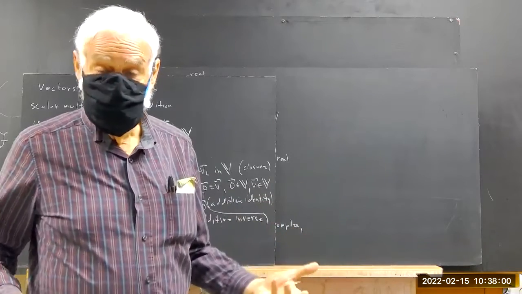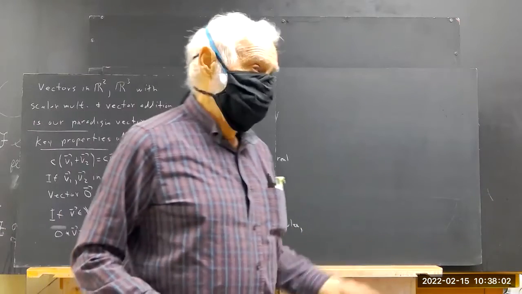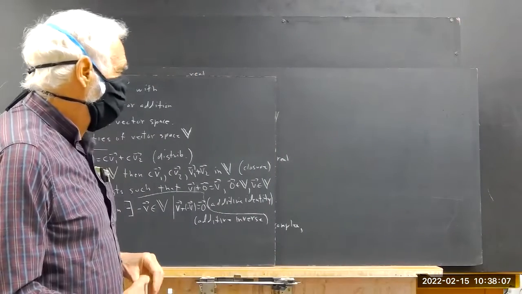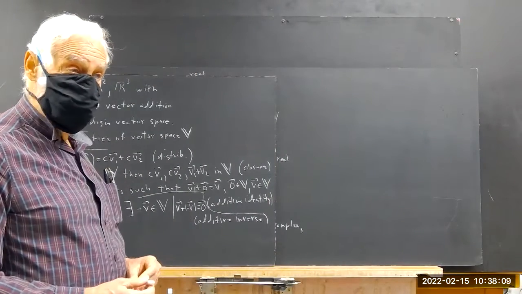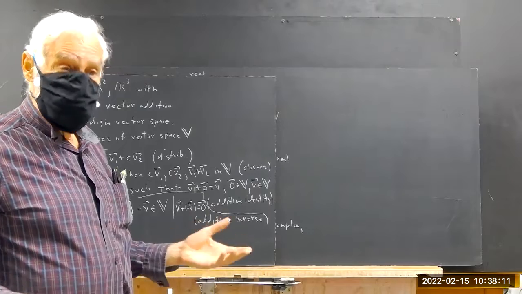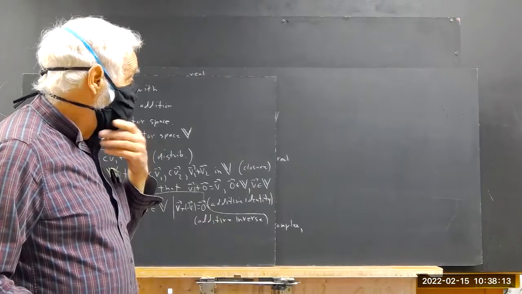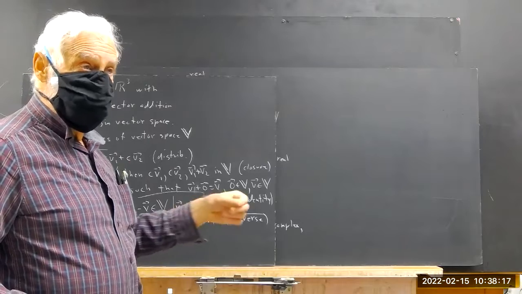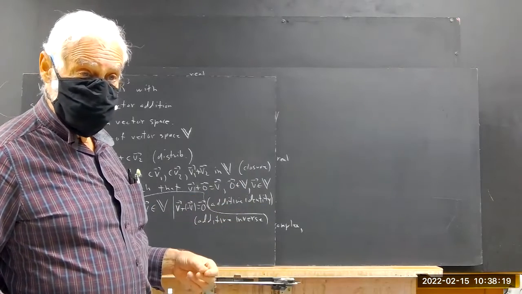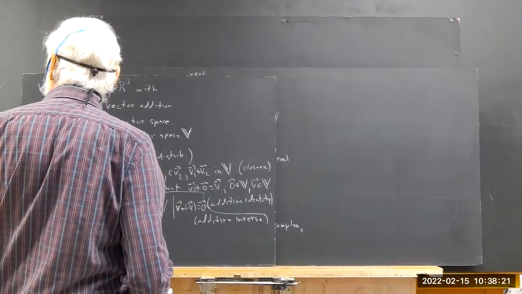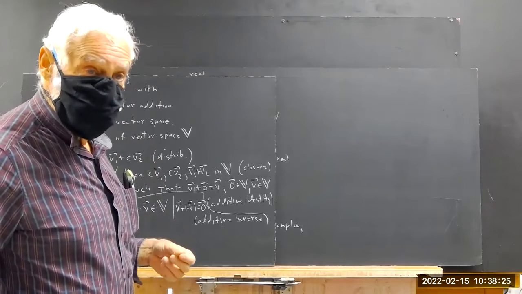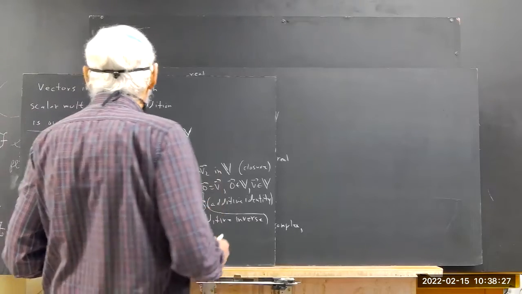Now, I'm not going to go into the details of that, but it's kind of important to know. And your book's going to give you examples. I'm probably not going to go over them today because I want to actually talk about subspaces a little bit. We've only got like 10 minutes. Maybe I won't get to talk about subspaces, but we'll see.